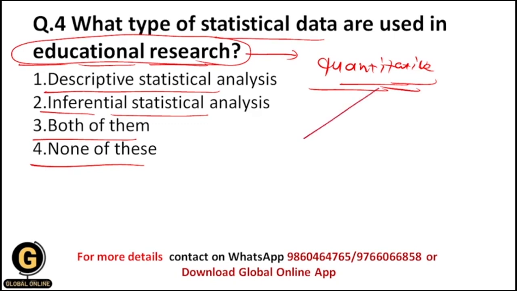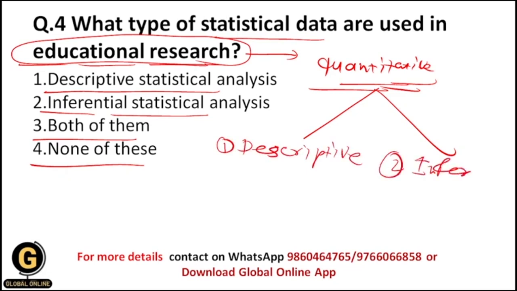And there are 2 types of statistical analysis techniques: one is descriptive statistical analysis and the second one is inferential statistical analysis. Descriptive statistical analysis is computed to describe characteristics of a sample or population in totality.